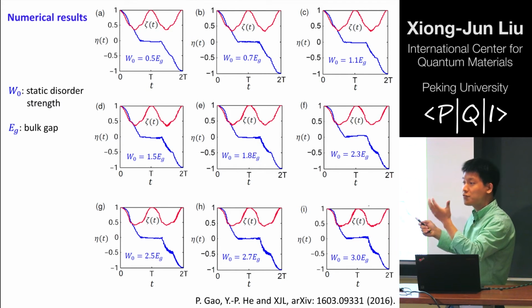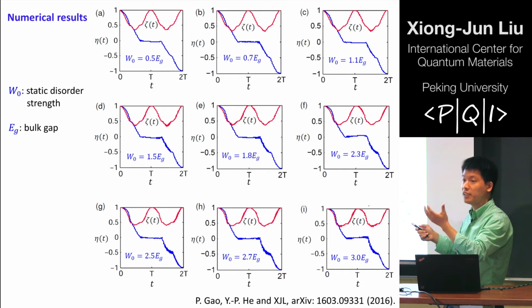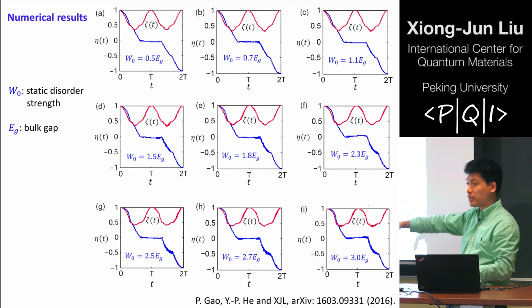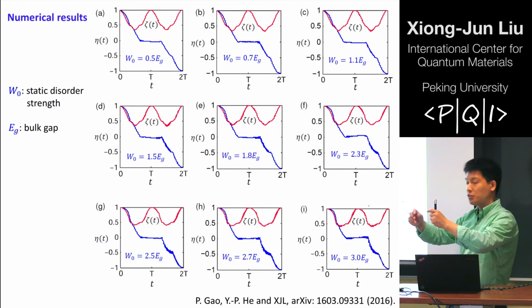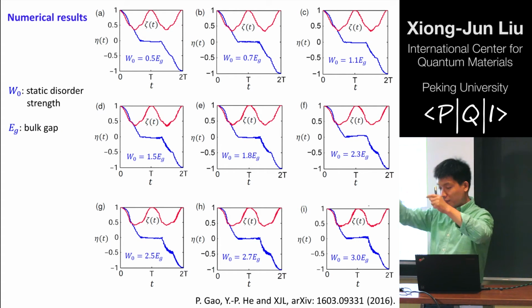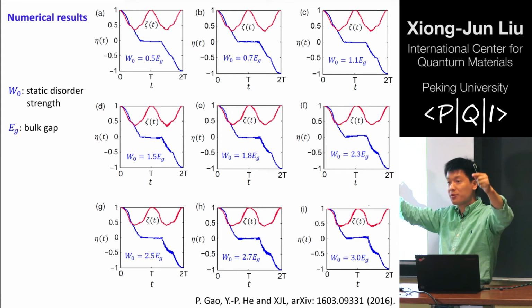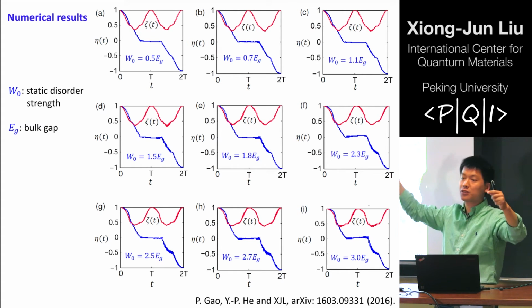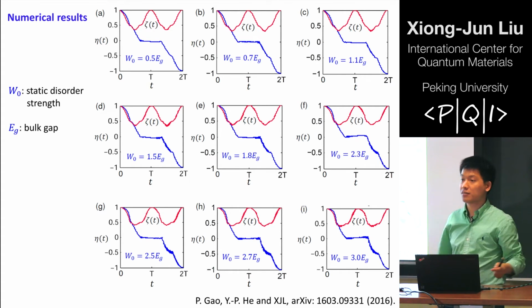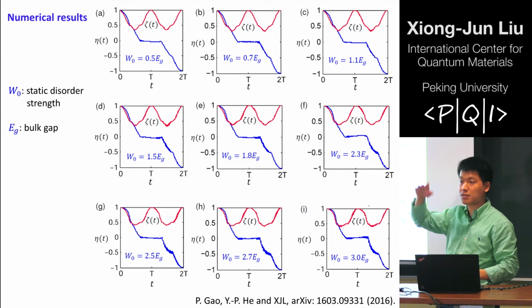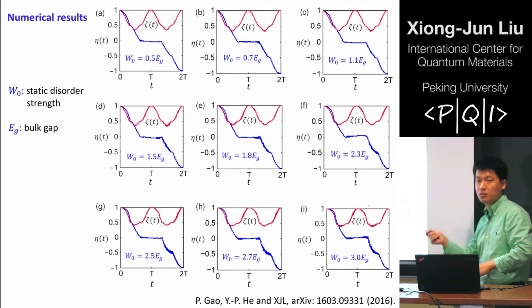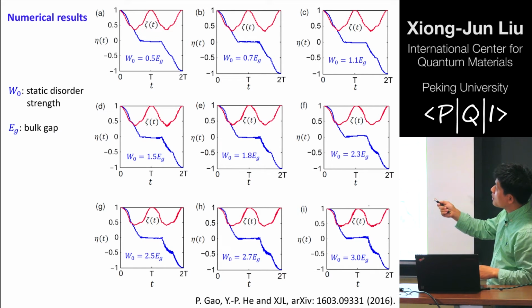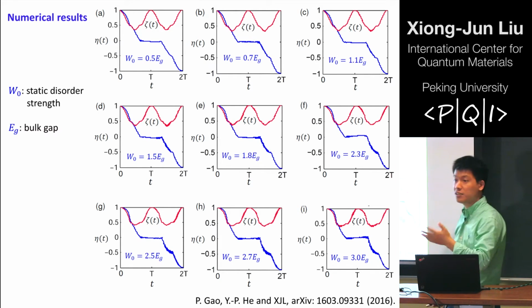This gives you how well the adiabatic condition is satisfied. If the adiabatic condition is satisfied, then after the braiding the four Majoranas should go back to the four Majoranas. It should go back to the original subspace, but it can be a different superposition. It doesn't matter, but you should go back to the original subspace. So this gives you how well the adiabatic condition is satisfied.